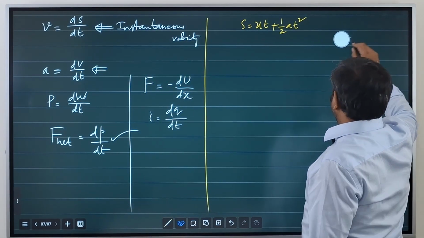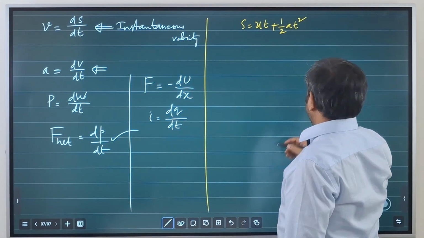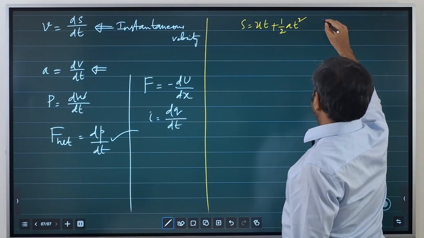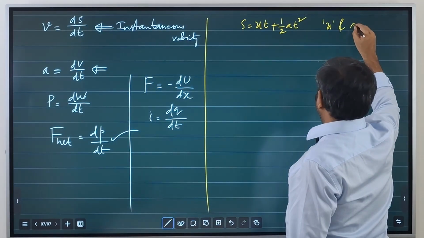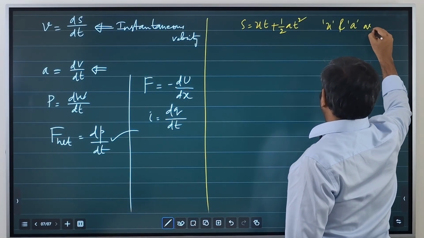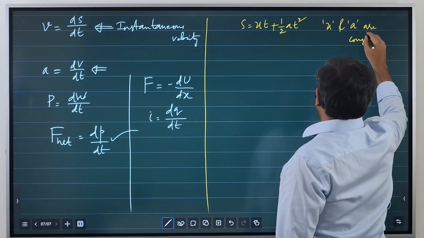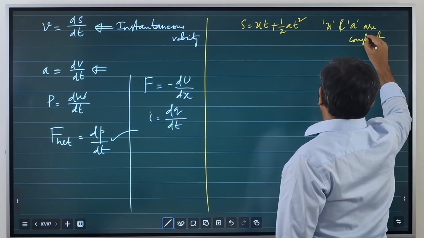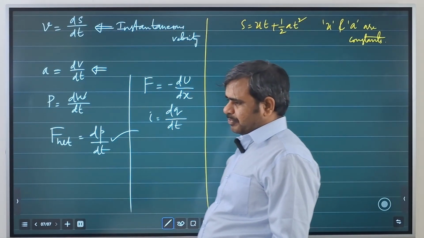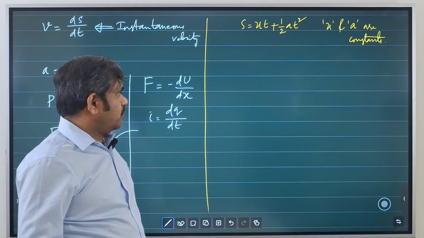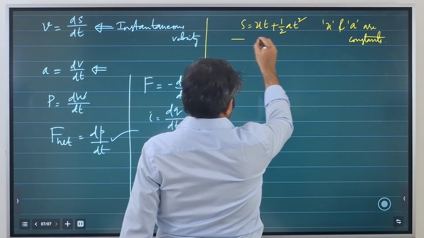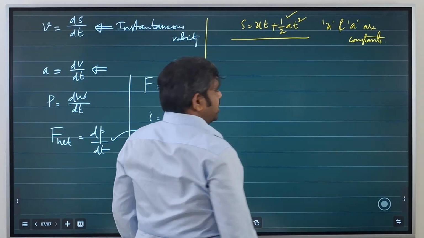Here, u and a are two constants. Now, this is displacement at a given point of time t.